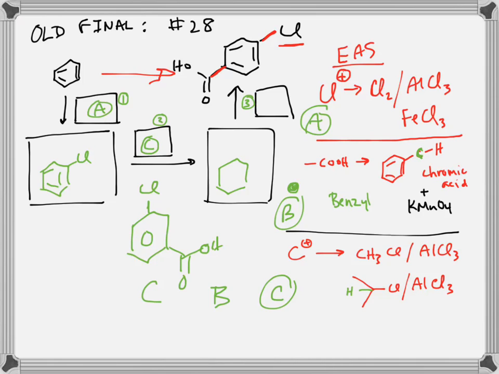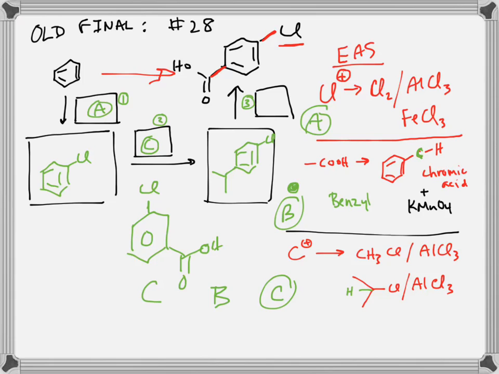Oh crap, I'm trying to draw that again a little bit differently. There's our Cl. Where's our carbon going to go? Opposite as far as we can. We put it on the para position. Then what would we follow it up with?